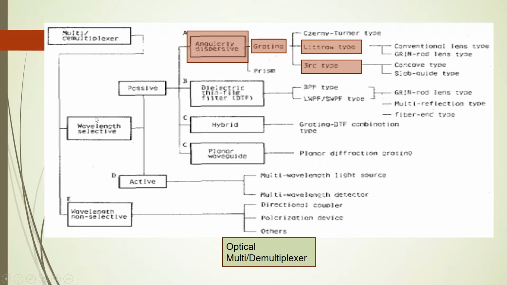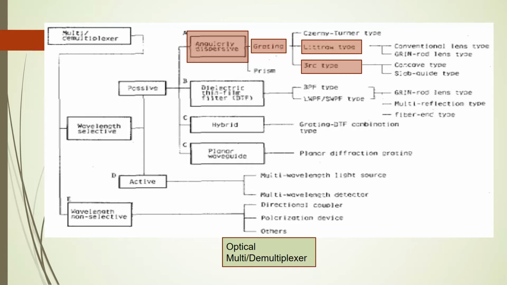Then we focus on the wavelength selective, where the device that I want to focus on is the passive type. The passive type comes from the wavelength selective, and inside the passive type there are four types of optical multiplexer or demultiplexer. The first is angular dispersive, the second is dielectric thin film, the third is hybrid, and the fourth is planar waveguide.